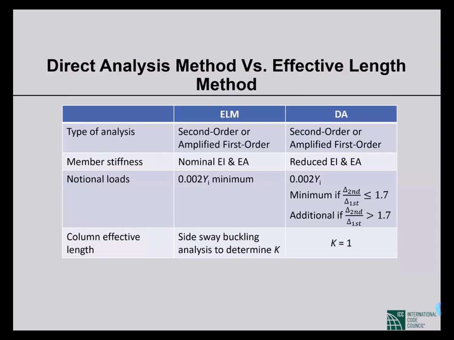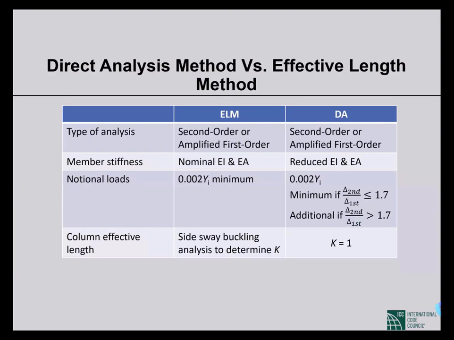Later, in effective length method, notional load was introduced. We mentioned this 0.002 Yi yesterday when we discussed effective length method, but we didn't call it notional load because the code doesn't call it notional load. But this is actually kind of notional load because in the ALM method, this was introduced to deal with the geometric imperfection to some extent.